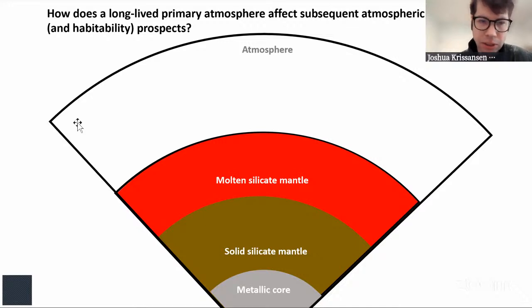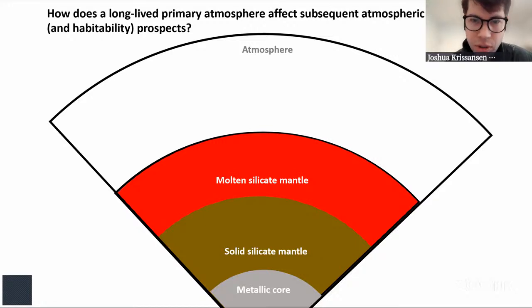We attempted to build an evolutionary model that would capture the atmosphere, the magma ocean interior, and their interactions. So there are a lot of competing effects when you try and answer this question that we tried to capture with this model.